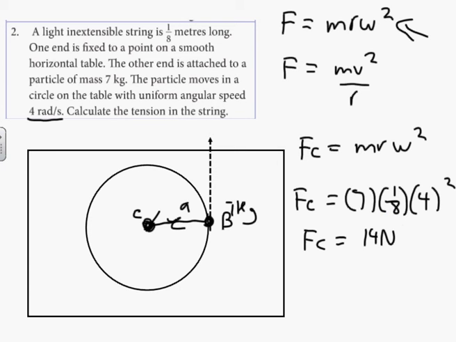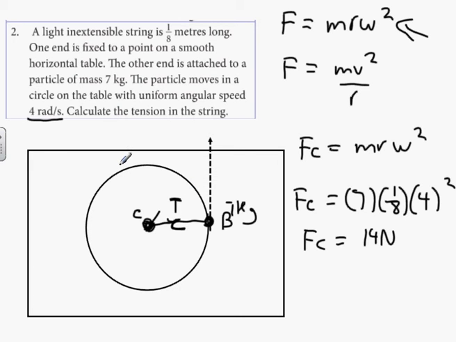Now, what's the one thing keeping this weight in position? They're linked together by a string, right? So therefore the string has a tension. The tension is the force that causes it to move in a circle.